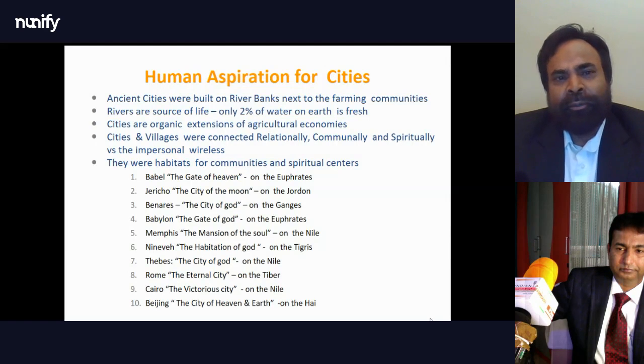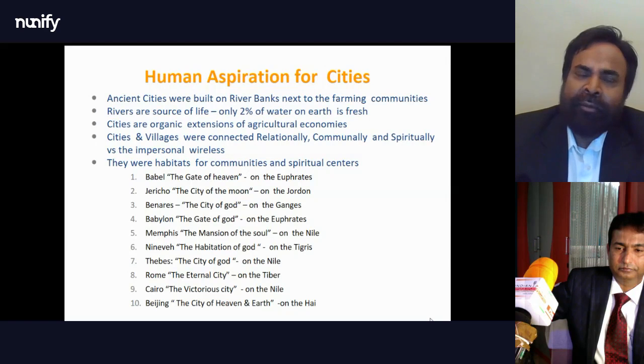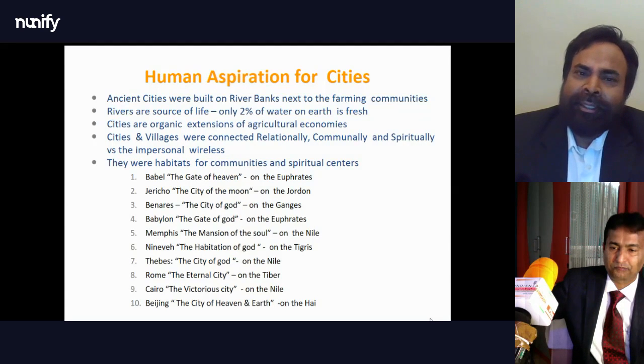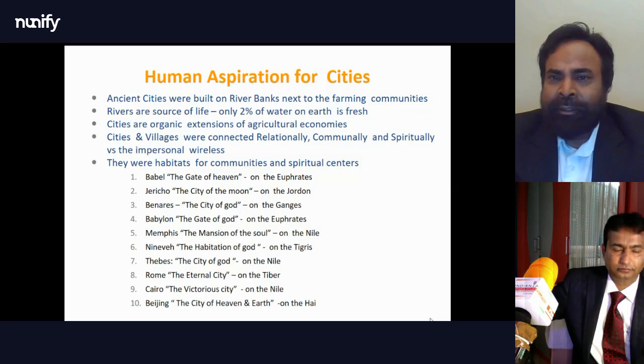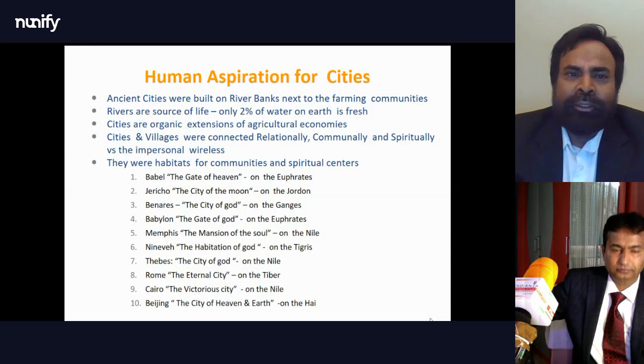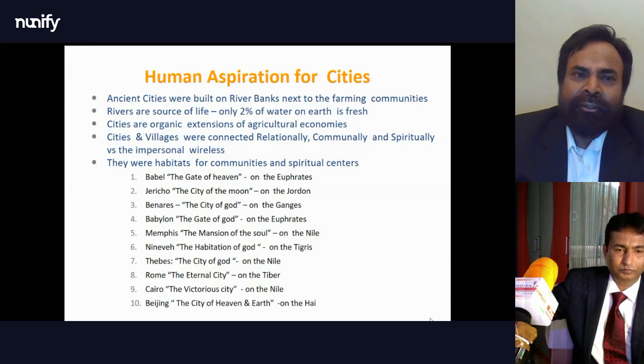Cities, in those days, were organic extensions of agricultural economies. That is why they were sustained for so long. Cities and villages were connected relationally, communally, and spiritually. They are spiritual centers, versus impersonal wireless communities.